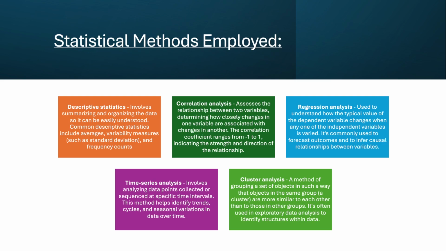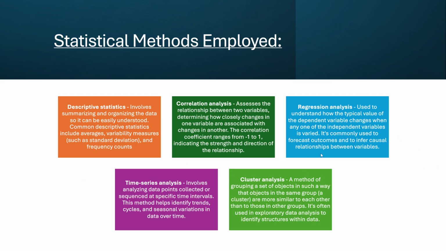We also conducted correlation and regression analysis to explore the relationships between variables. We also did some time series and cluster analysis to detect any form of patterns or groupings that could tell us more about the data. And these methods all enabled us to draw some sort of meaningful insights from the data, which we're going to discuss when we talk about our analysis and our results for this.